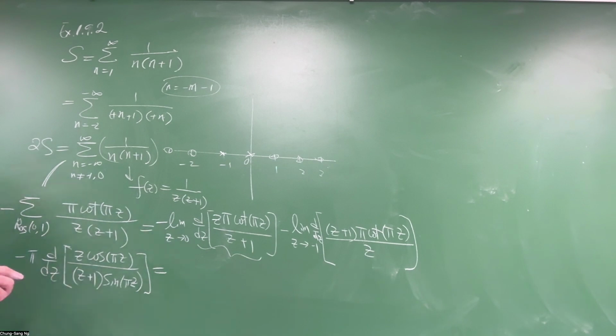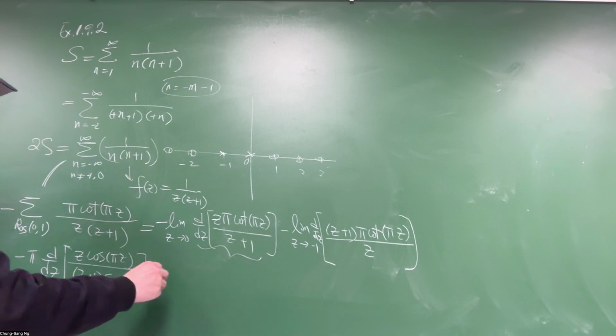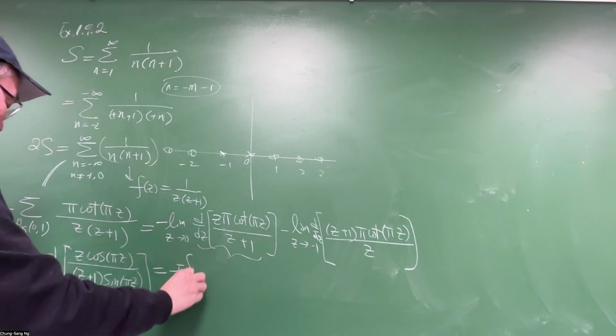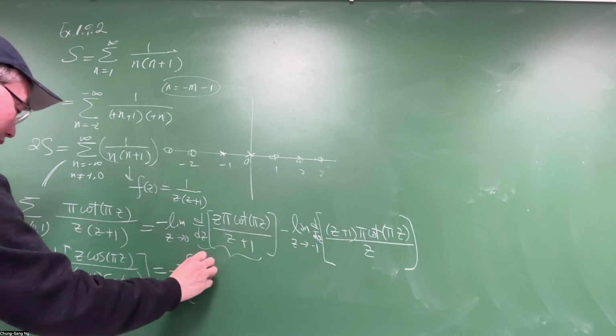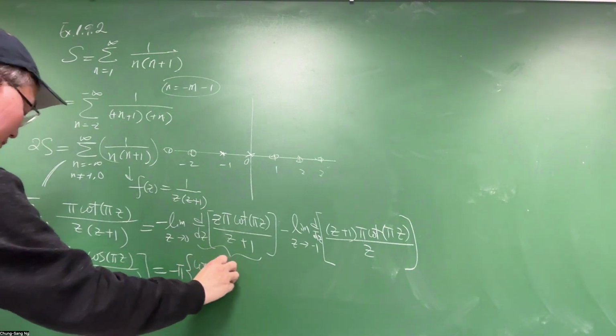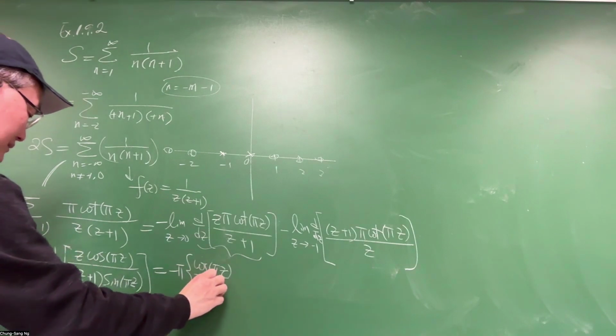So you take the derivative of cosine pi z, it becomes sine pi z. There are four terms, four factors you need to take the derivative of, right? You take the z, it becomes cosine pi z equals 1.